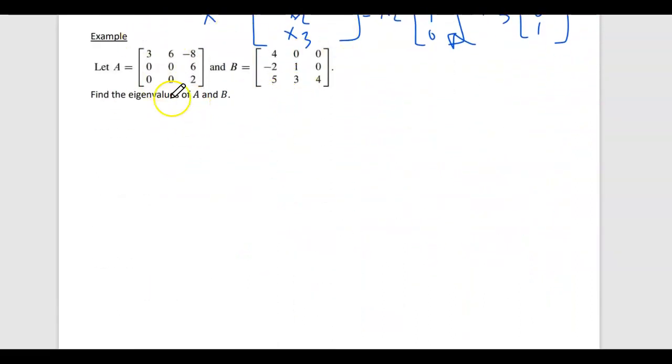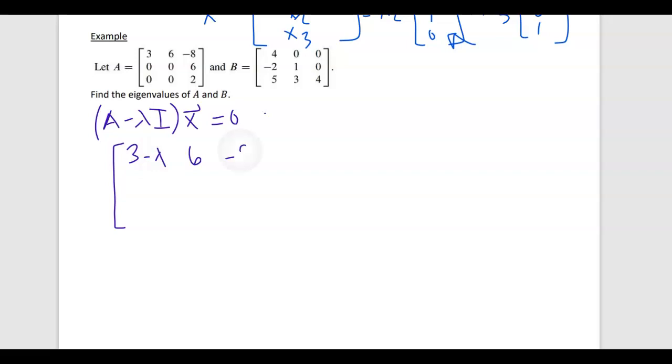Okay, let's look at this last one. If we have A and B, how do we find these eigenvalues? Let's look at A. So here on A, I need to know when A minus lambda I times x is equal to 0. So I'm going to let my diagonal be minus lambda.